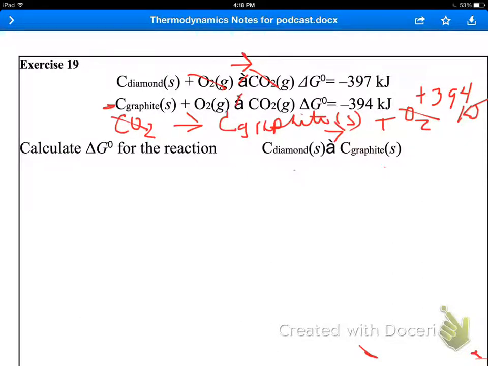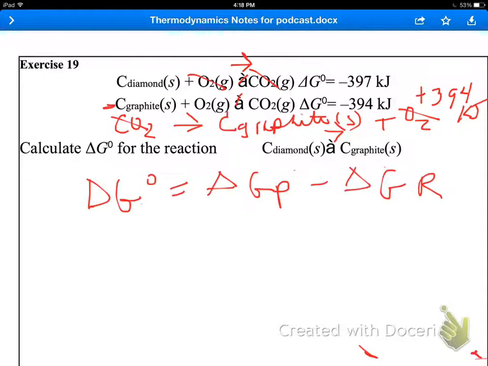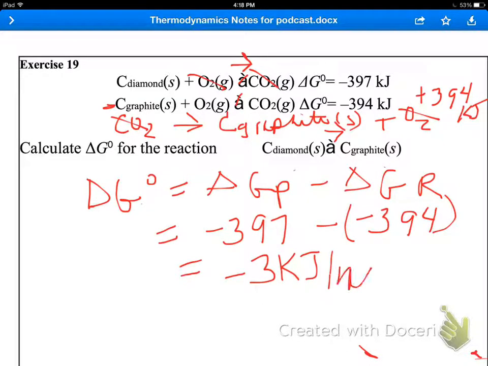Then I can apply delta G is delta G of the products minus delta G of the reactants. I plug everything in, and I should come out with a tiny little negative 3 kilojoules per mole, which means it is spontaneous. Does not mean it's fast. It happens over thousands of years.